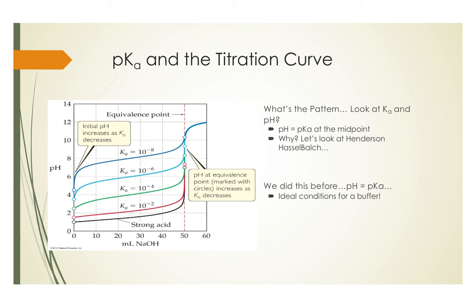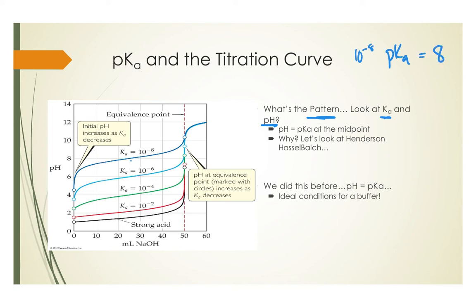Titration curves also help us when we're talking about pKa's and pKb's for different acids and bases. If you look, there's a pattern between the Ka and the pH. Okay, so if I look here, my Ka is 10 to the negative 8. If I think about what pKa would be, for 10 to the negative 8th the pKa would be 8.